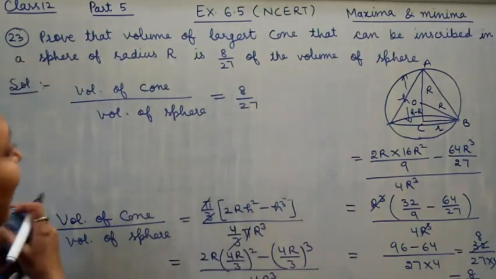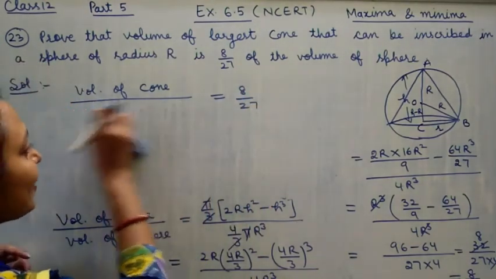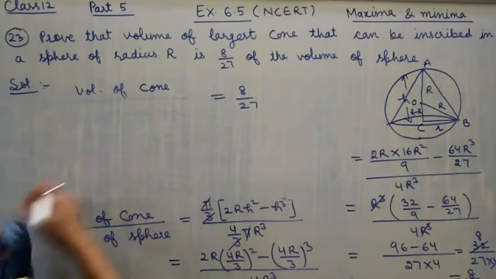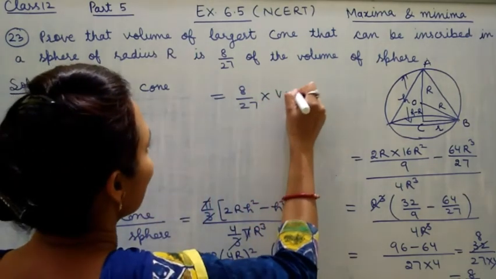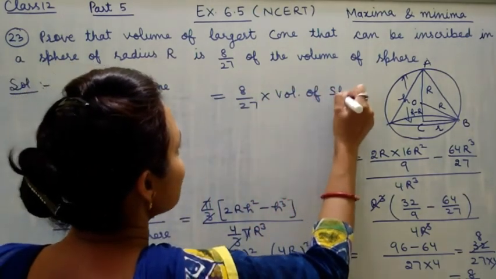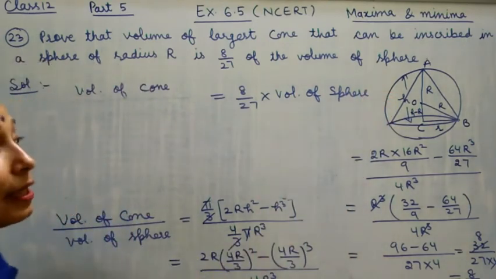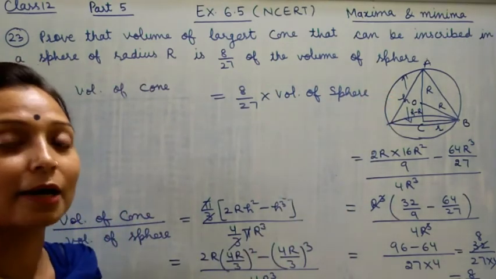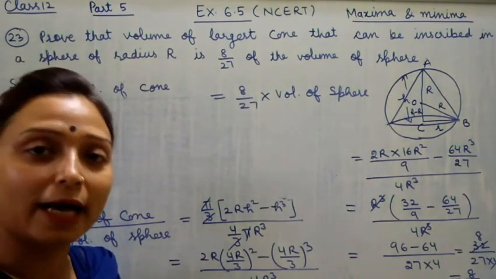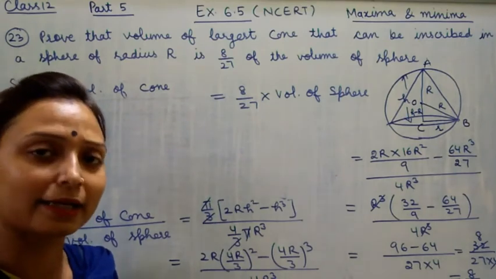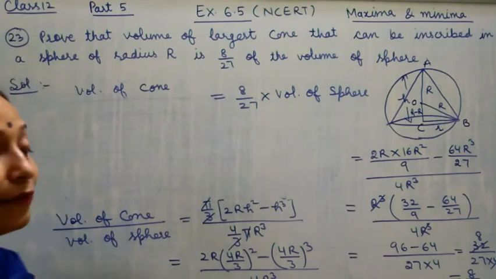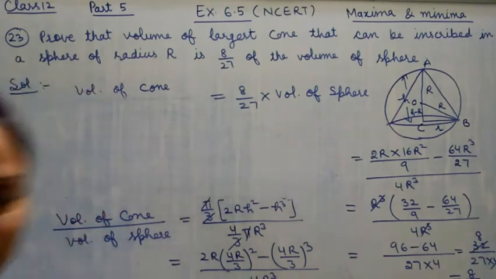Now I will take this from the denominator and this goes here with the numerator, volume of sphere. So this is the way to solve this question. This question is very important, it came in 2003, 5, 8, 13 and many more years. Okay, so this is a very important question. Come to the next question.